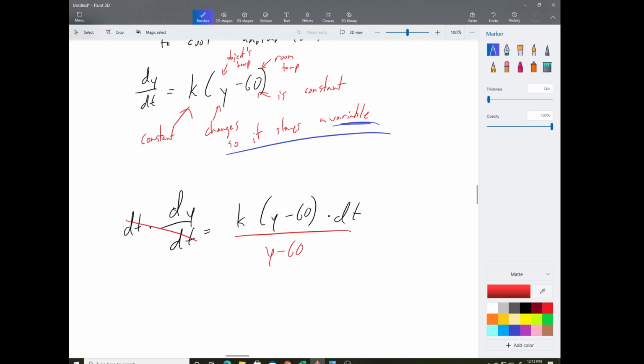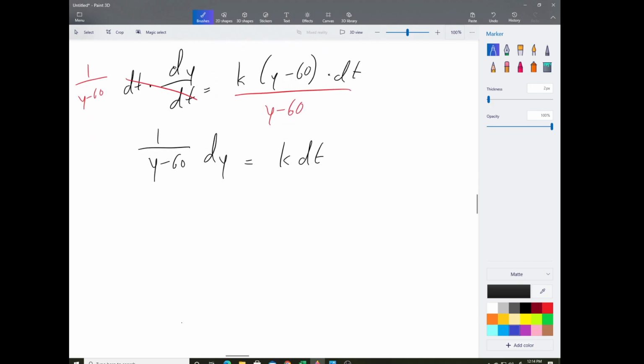And because y is being subtracted, you are going to move the y minus 60 as a group over. It will be the easiest way to handle this. And if we do it on one side, we do it on the other. So what we have now is 1 over (y minus 60) dy equals k dt.